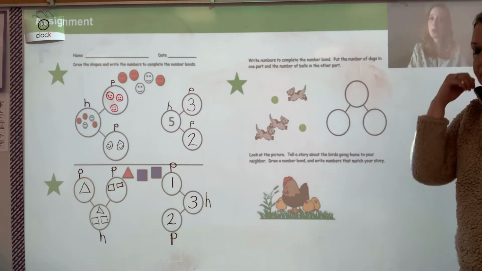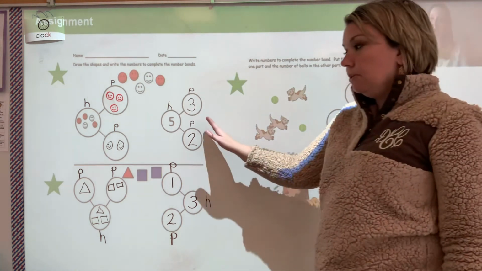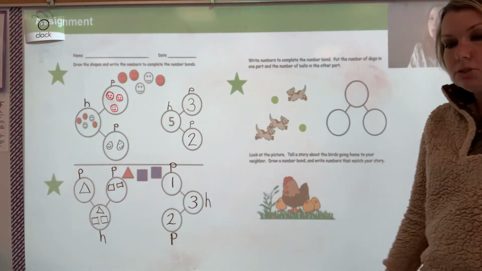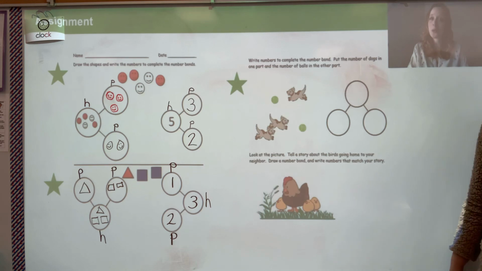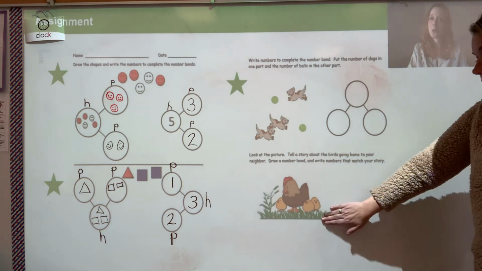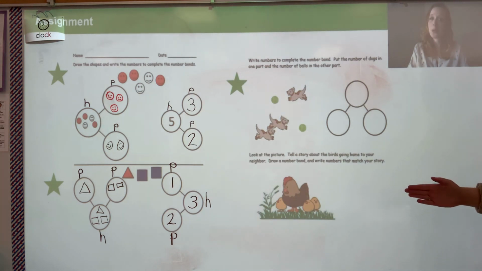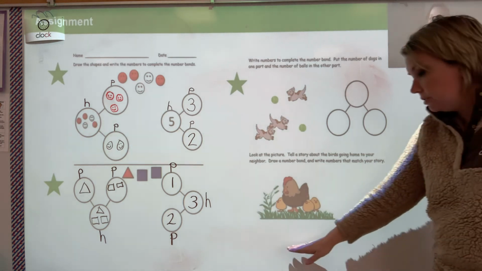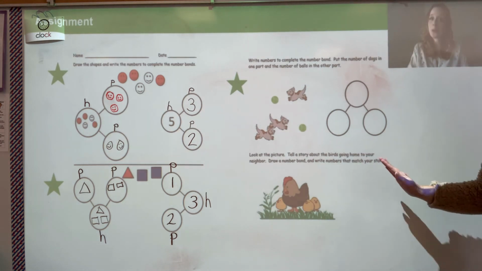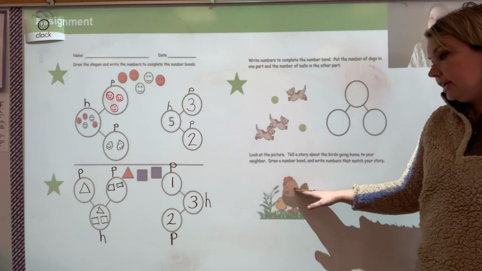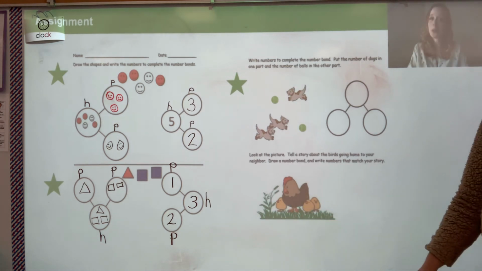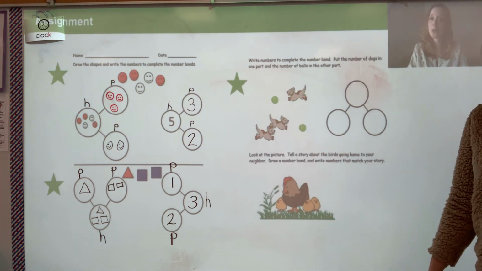If it helps you to label your number bond, like what we did over here with the whole and 2 parts, you can do that. And then down here, you're going to draw your own number bond, either underneath or to the side, and fill it in for the chicken and the baby chicks. But I want you to write numbers instead of pictures.